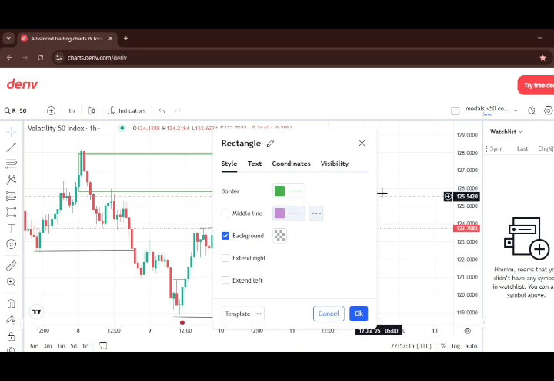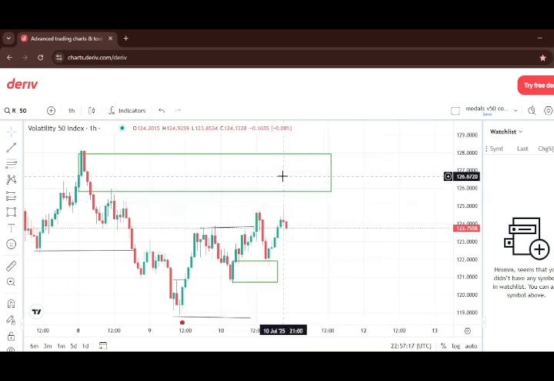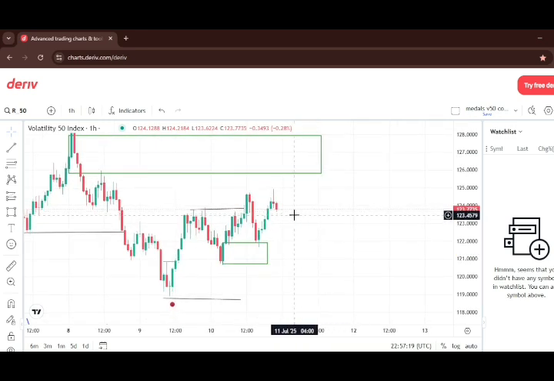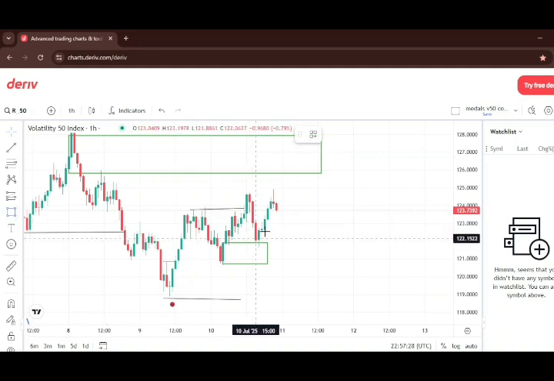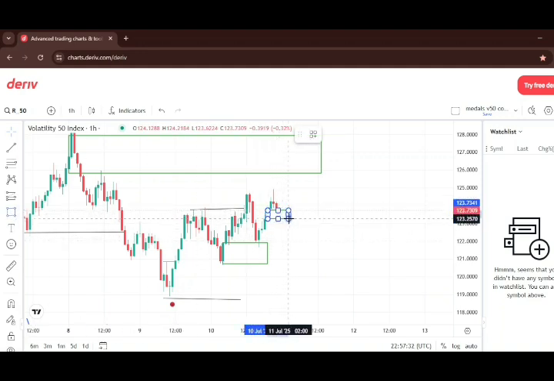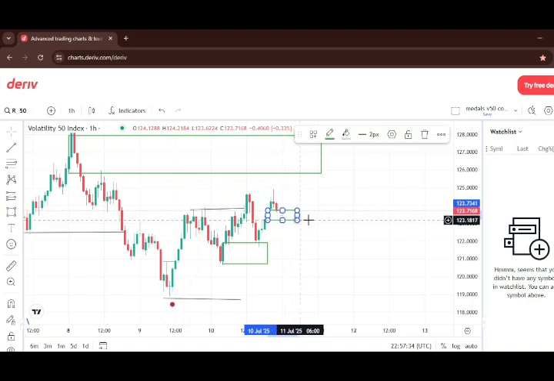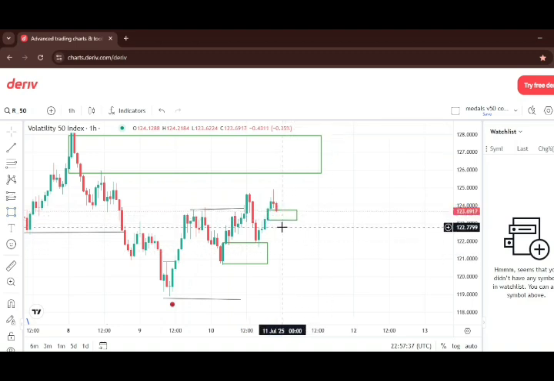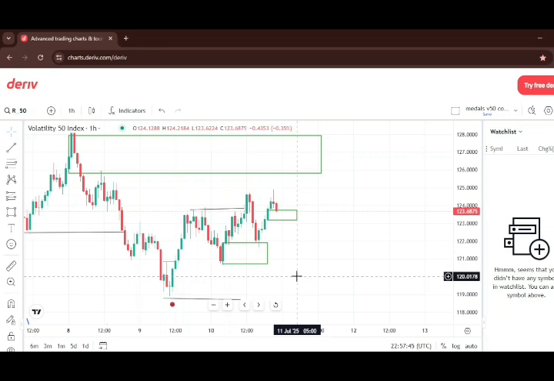The market is going to enter this level. Now this little retracement you've seen here, the market is trying to fill in this imbalance that is here. After filling this imbalance, the market is going to move upward up to this level before coming back again and continuing the downtrend.